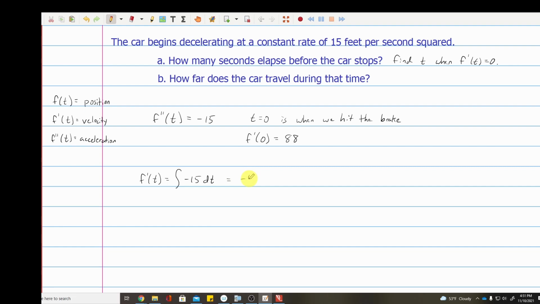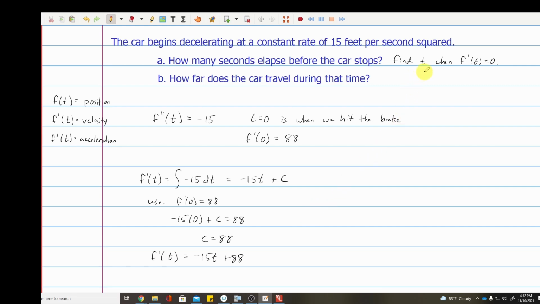So I get negative 15t plus constant c. That's my velocity function. I know that at time 0 the velocity is 88, so negative 15 times 0 plus c equals 88. So c is 88, and that means f prime of t is negative 15t plus 88.